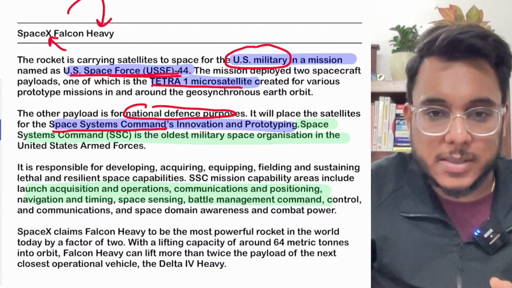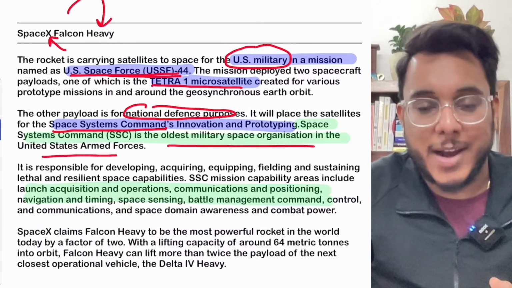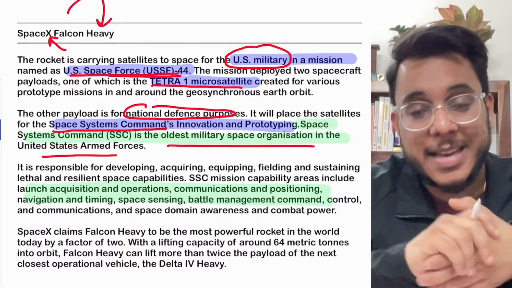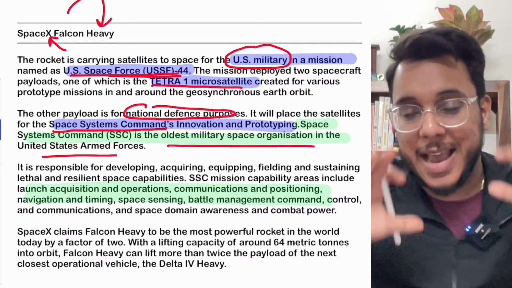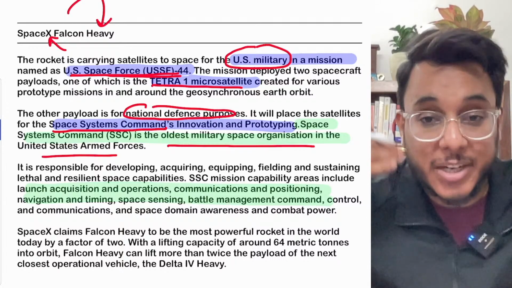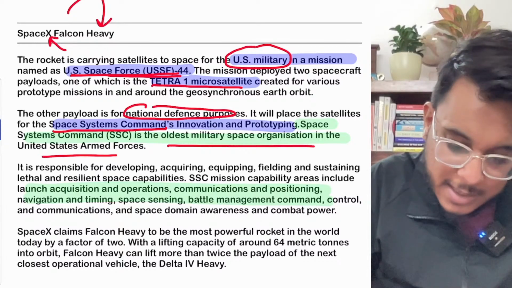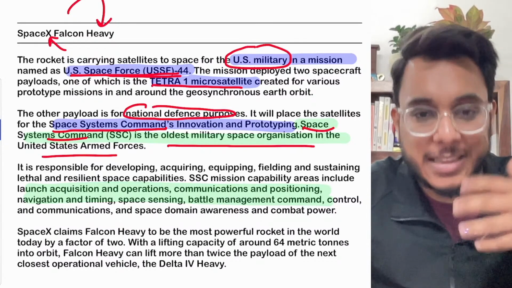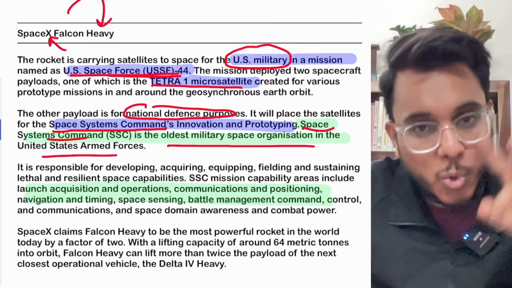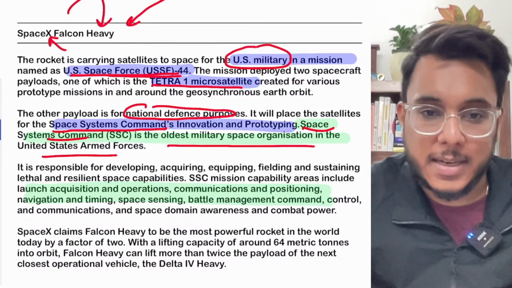When we talk about the Space System Command, it is the oldest military space organization in the United States. Now see this particular thing, space is also emerging as an arena where military capabilities are to be tested, where military strength is also to be proved. So within the USA, there is this Space System Command, and the Space System Command has launched these two satellites, and these satellites have been carried by the SpaceX Falcon Heavy.